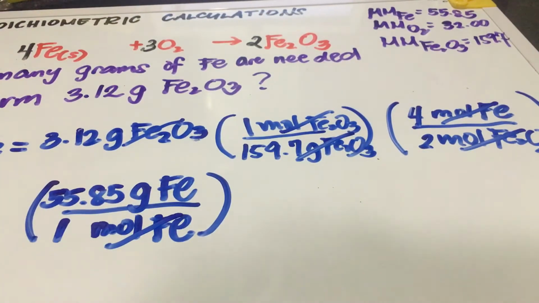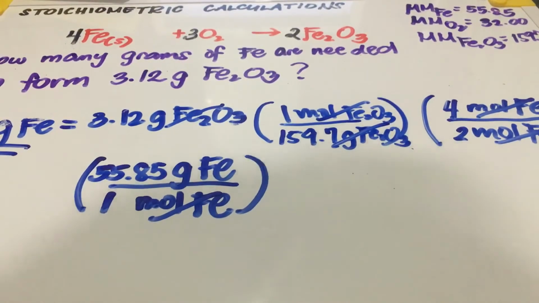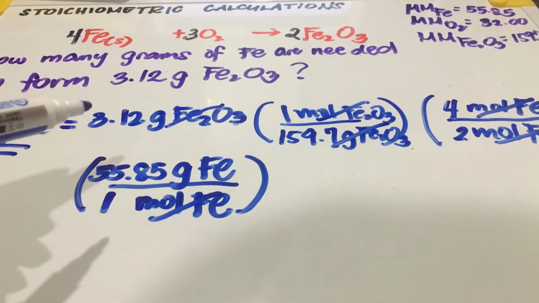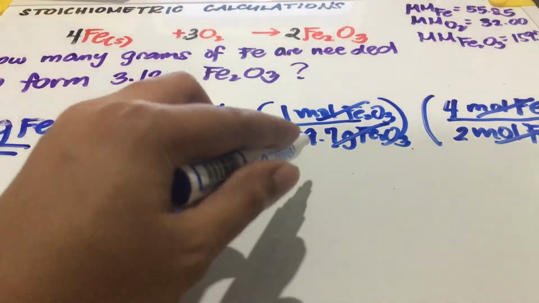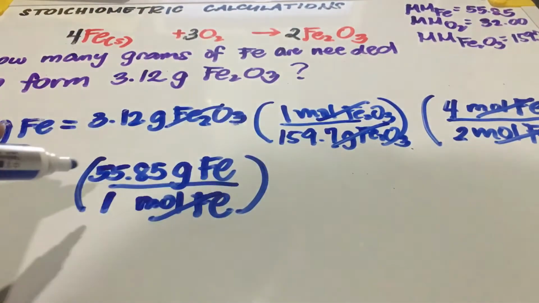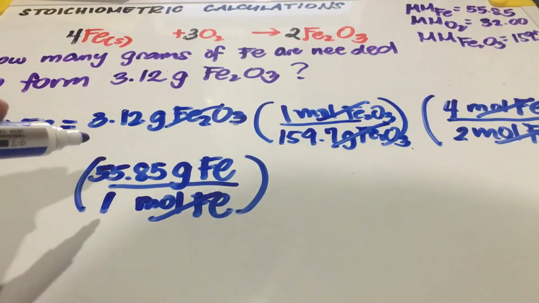Now we can carry out the whole equation itself. That is 3.12 divided by 159.7, times 4 divided by 2, times 55.85.